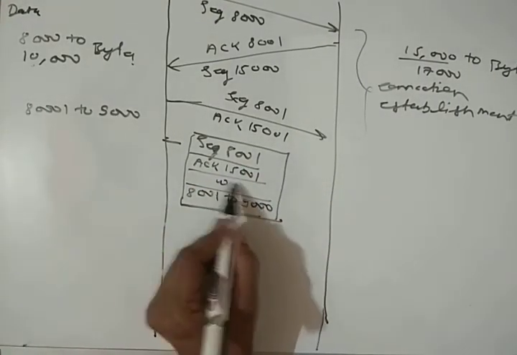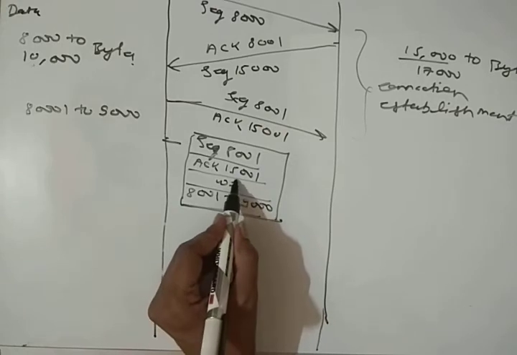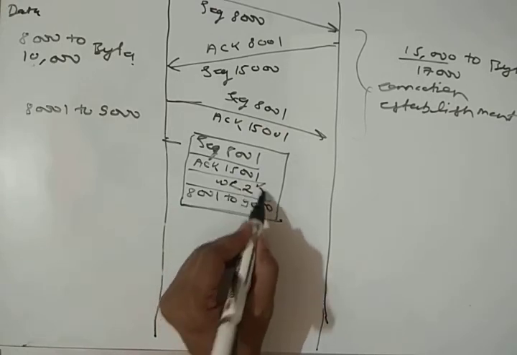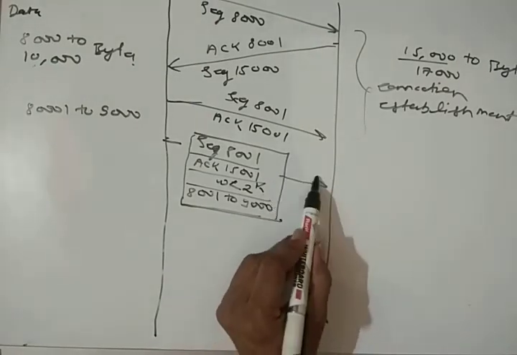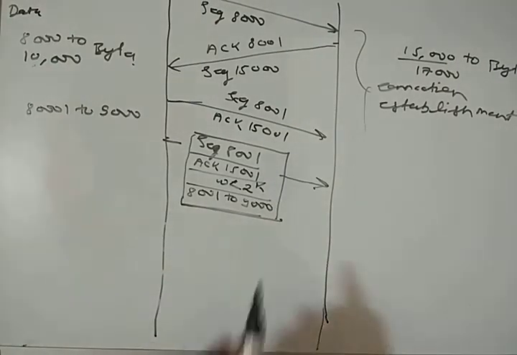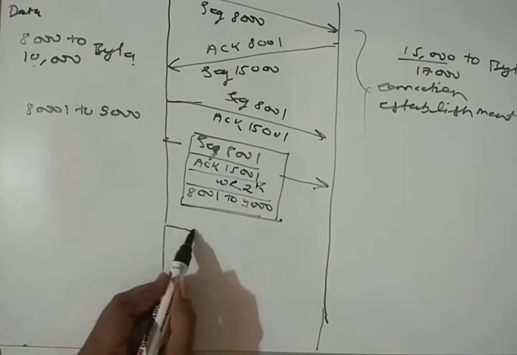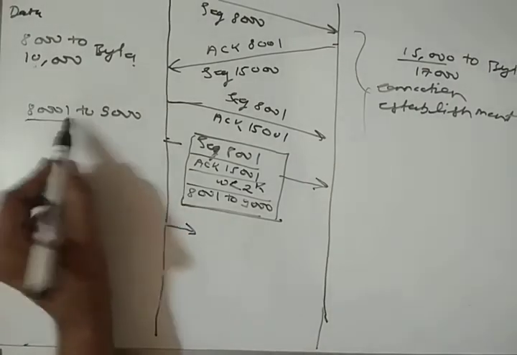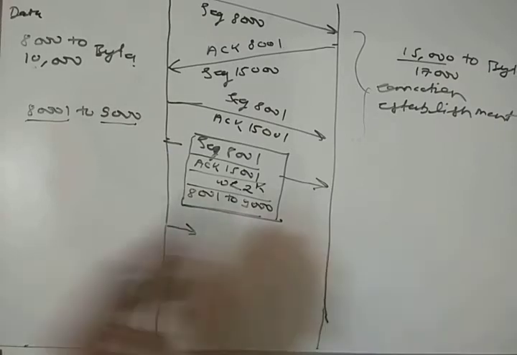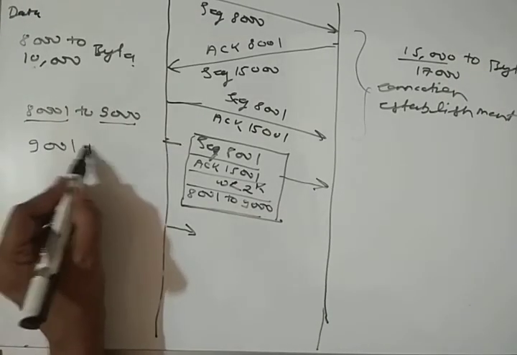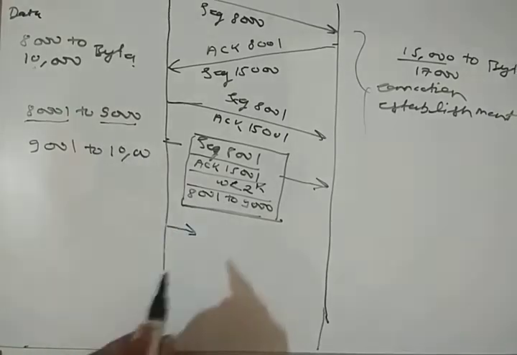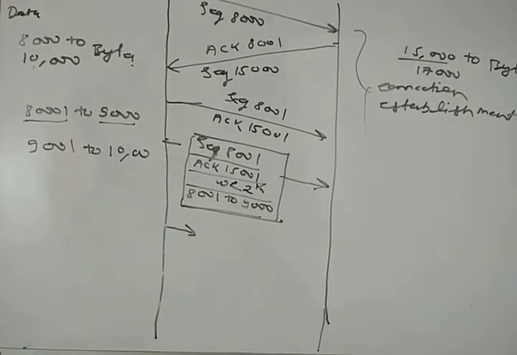Here we define the window size, less than 2 to the power k, sent to the server. Then 8001 to 9000 is completely sent. Next, 9001 to 10,000 is ready to send.